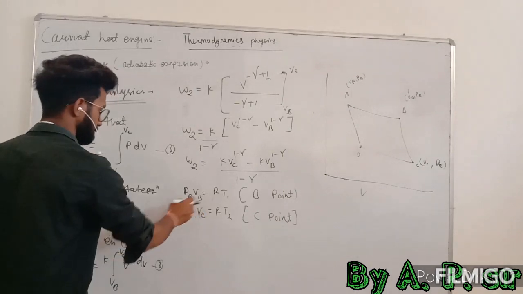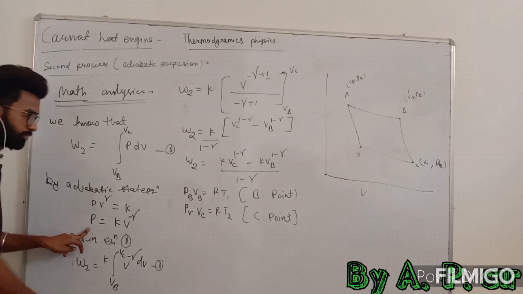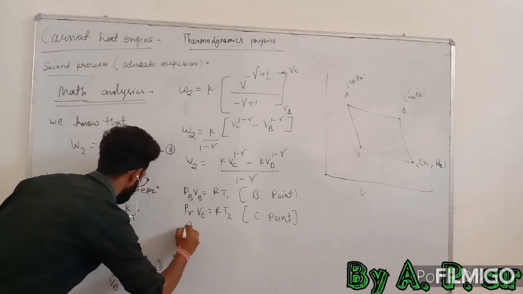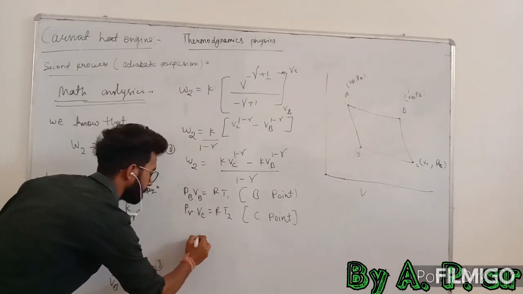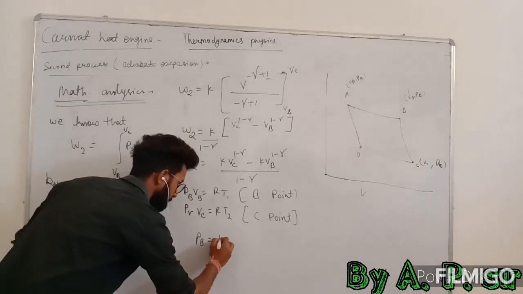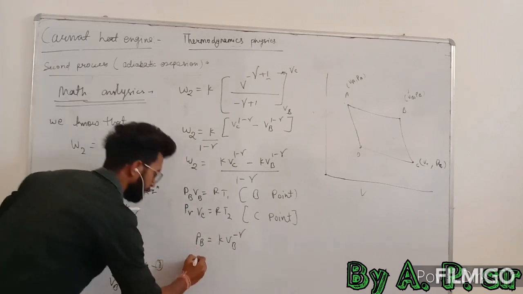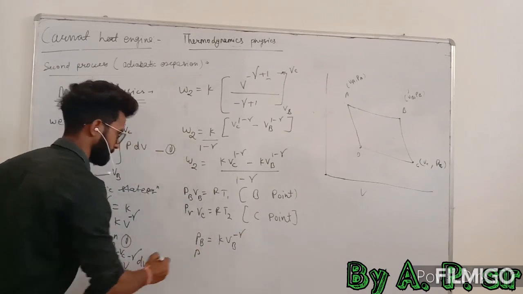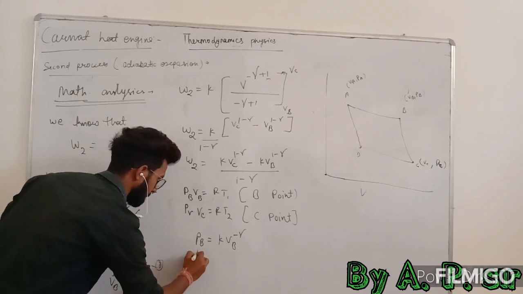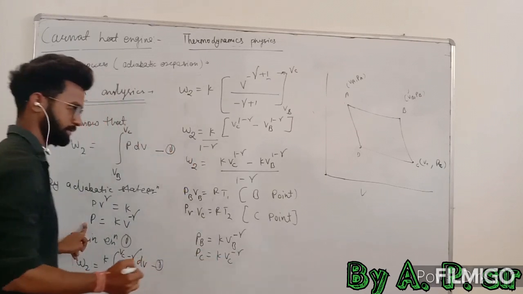Next, we know that PB equals K VB^(-gamma) and PC equals K VC^(-gamma).